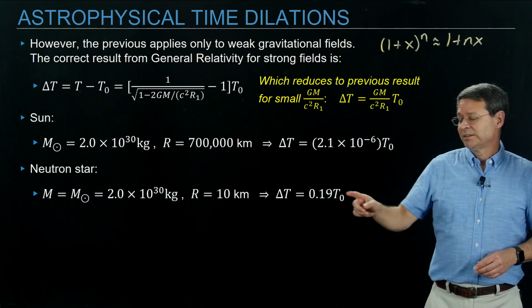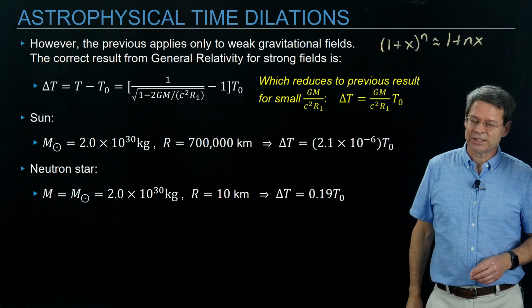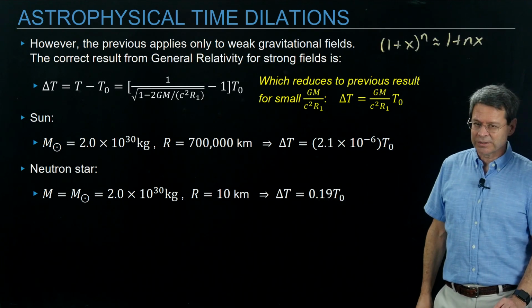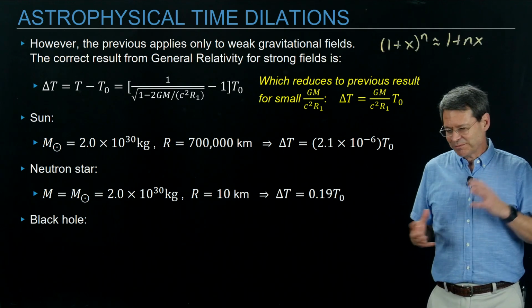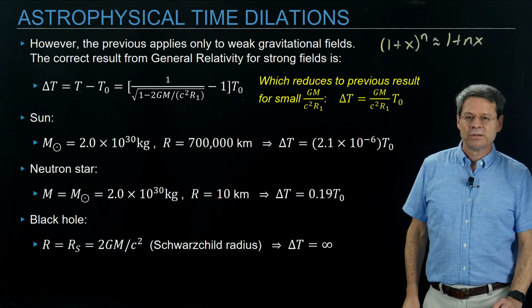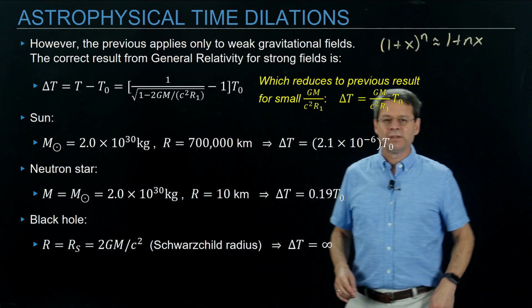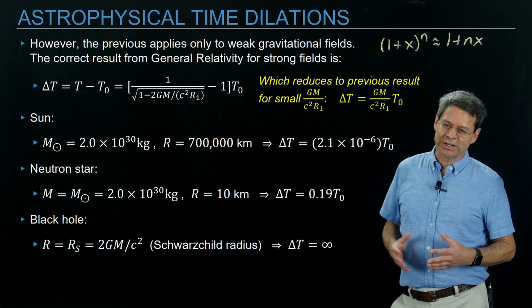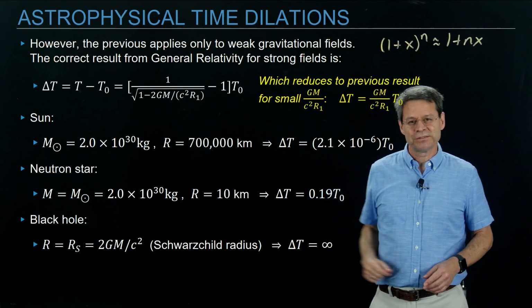Now we see that the time difference effect, the time dilation, is about 0.19 times t naught for a neutron star. And then we can say, well, what if it has even more mass when it compacts? What about a black hole? For a black hole, we can characterize a black hole essentially by the event horizon. This is the point of no return for a black hole. It's called the Schwarzschild radius.